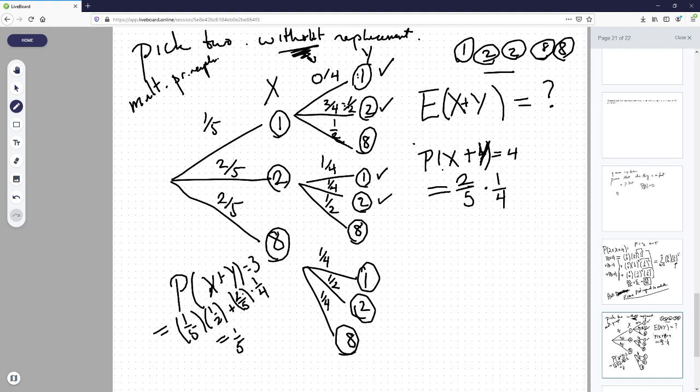So that's one option. One other option is 9. We can have the probability of x plus y is equal to 9.